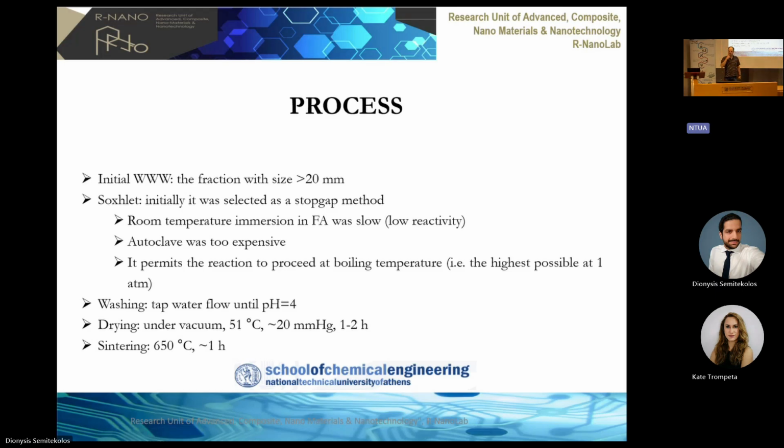They had already been milled from wind blades into smaller chunks, and then sieved into different size fractions. The one we used here was the one with the largest size, which was written as above 20 millimeters.